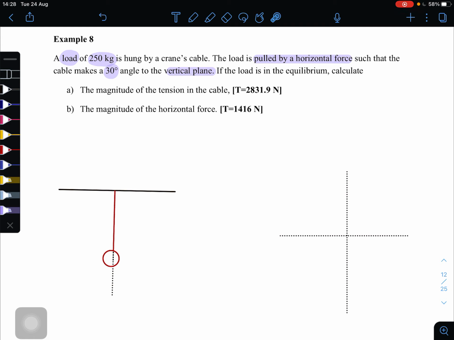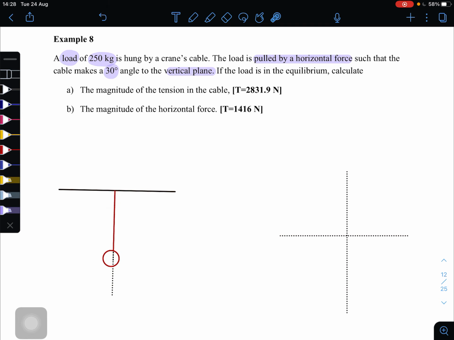It doesn't say, but it says here such that the cable makes a 30-degree angle to the vertical plane. So this is the cable, it must make a 30-degree angle to the vertical plane. So either like this 30 degrees or like this 30 degrees.